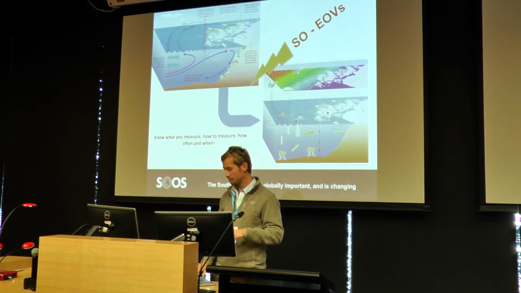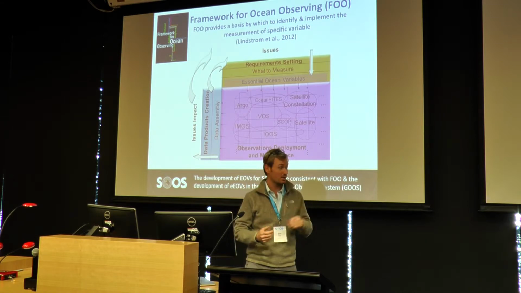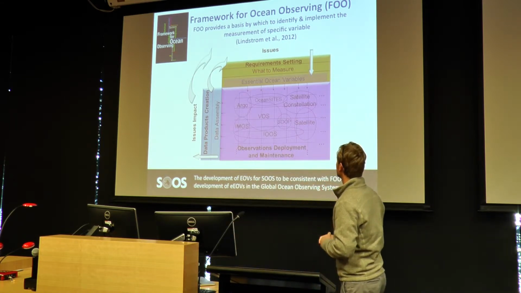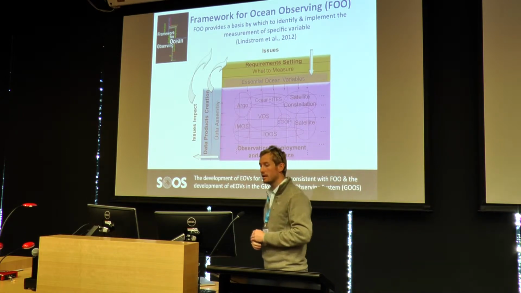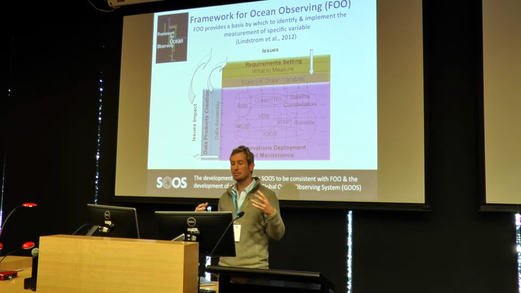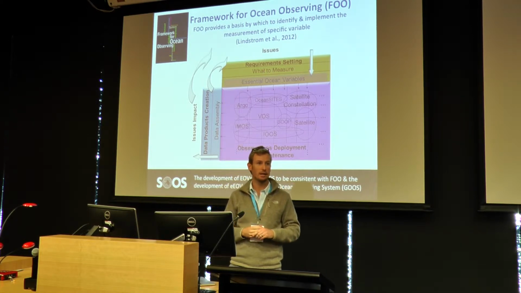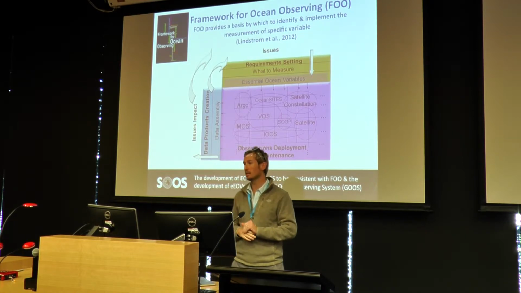So if I take just a little step back, many of you will understand this kind of process, but for those who don't, the framework for ocean observing came out of OceanObs in 2009, and that really provides a basis to identify what needs to be measured within observing systems. And I point you to a comprehensive publication by Eric Lindstrom in 2012, which goes through FOO.